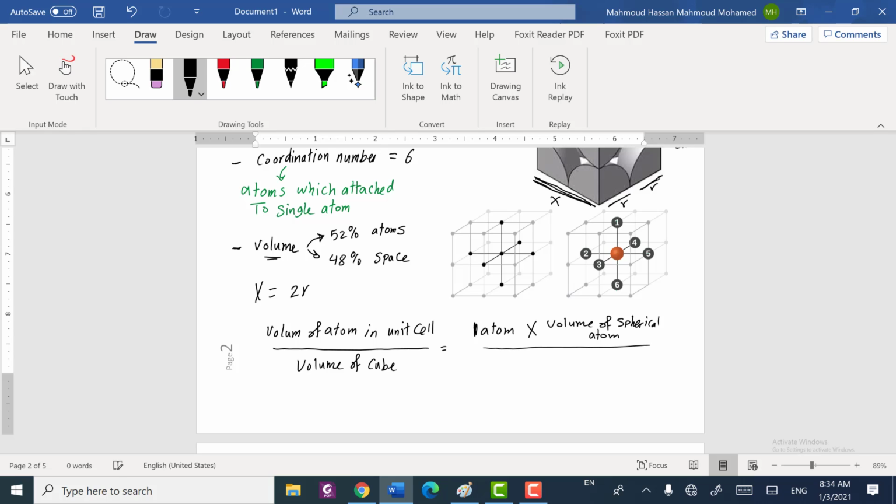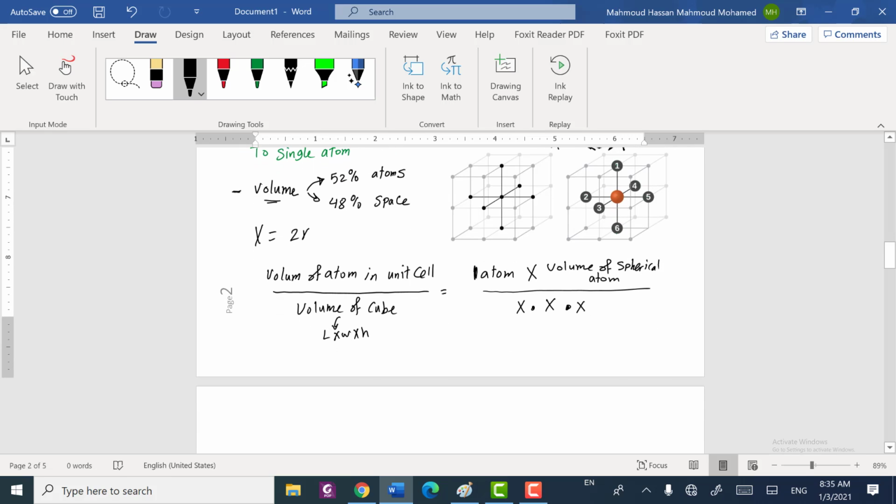We know that the volume of the cube is length times width times height, and each side is represented by X, so X times X times X, so it will be X cubic.